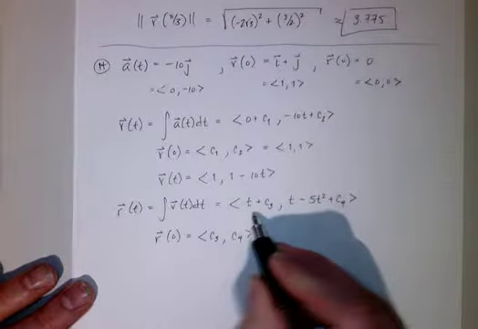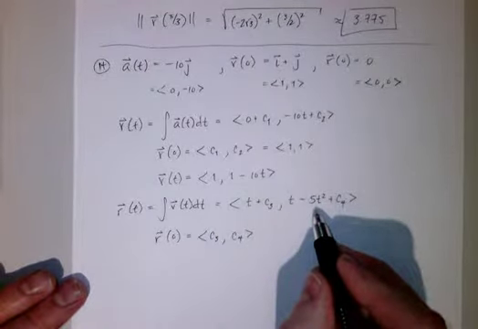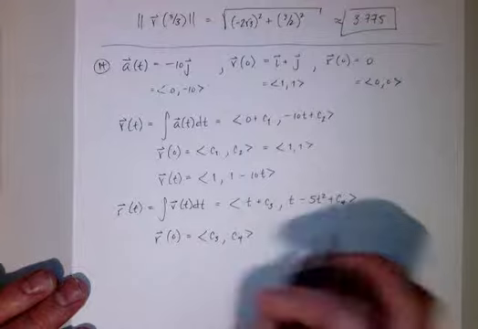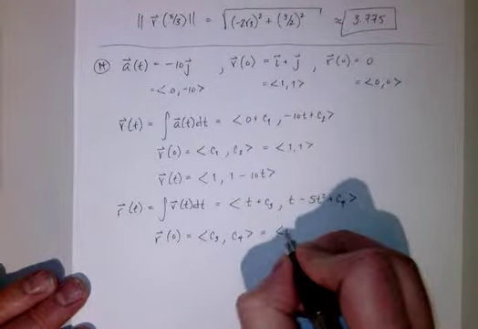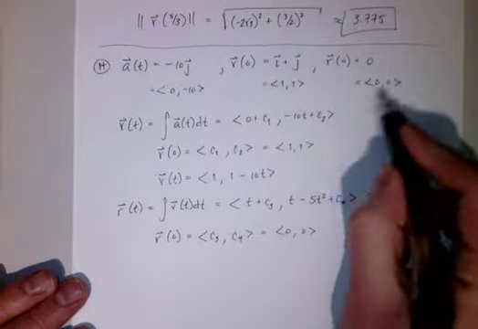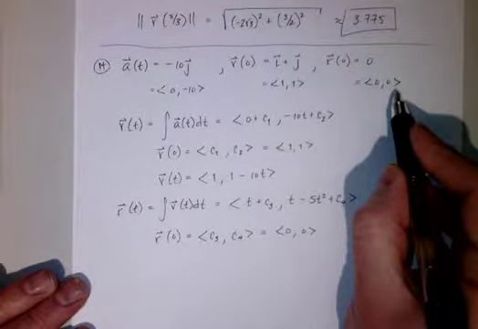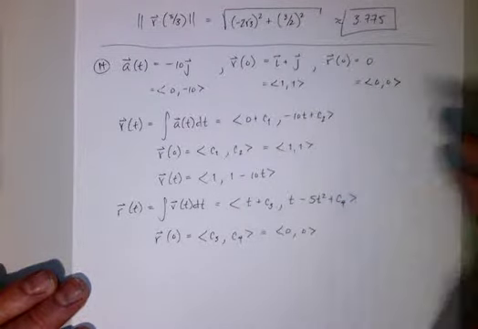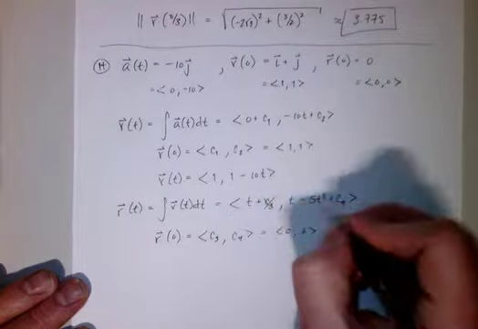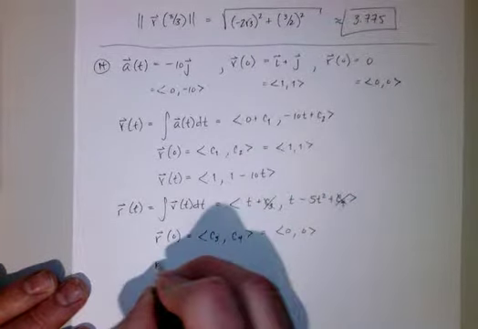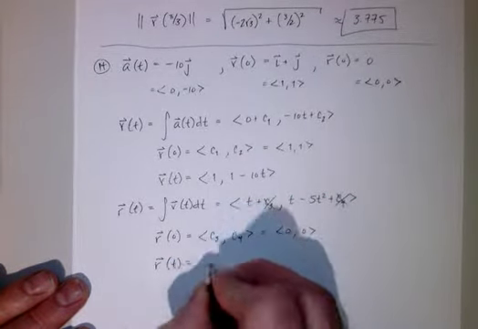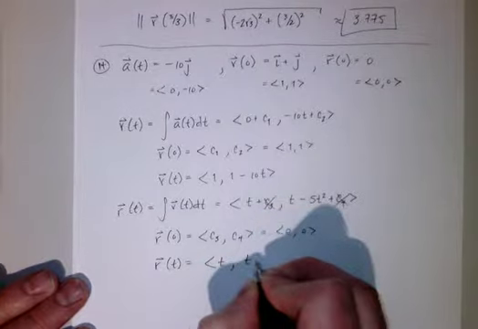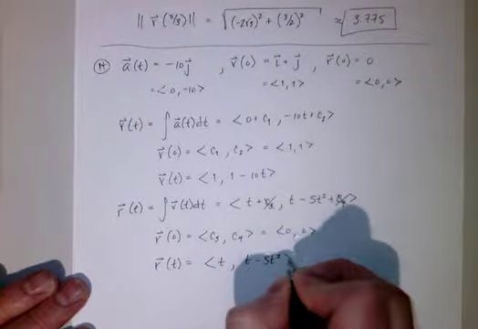These are both polynomials, and therefore plugging in 0 is going to get rid of every term except for the constant. And I happen to know then that c3, c4 is equal to the numerical vector that I was given for my initial condition in terms of r, and therefore basically I can scratch those out and recognize the fact that r of t is simply t minus 5t squared.